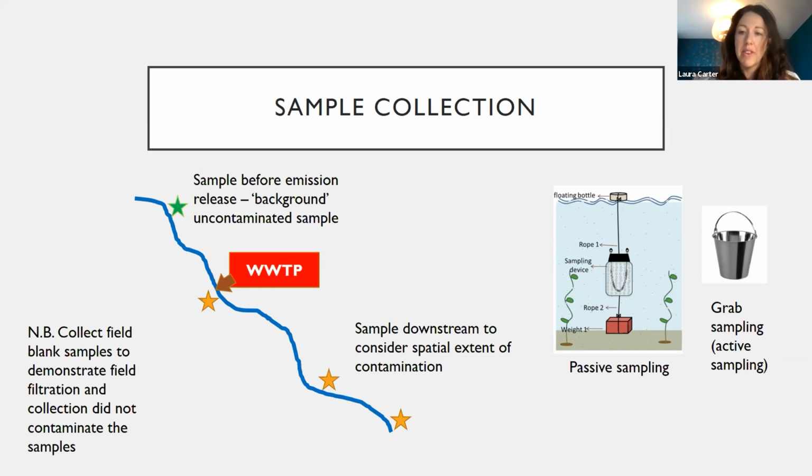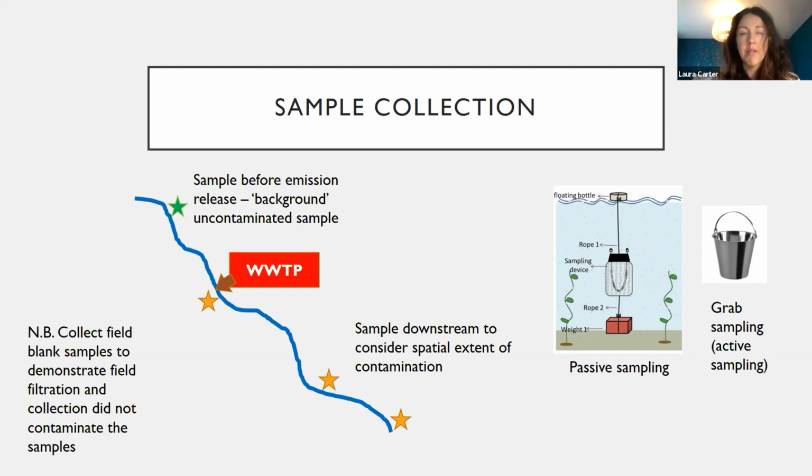So an alternative is to do passive sampling, and this collects water directly in situ. And so then you get the accumulation of pollutants over time. And this is what I'm going to go into in more detail in the next couple of slides.